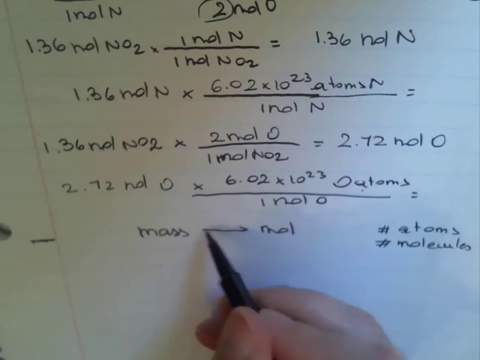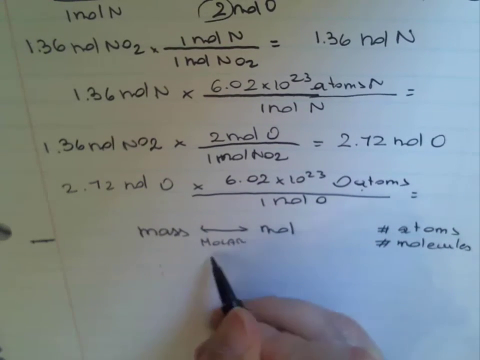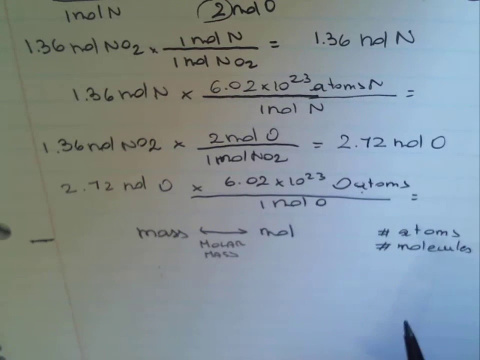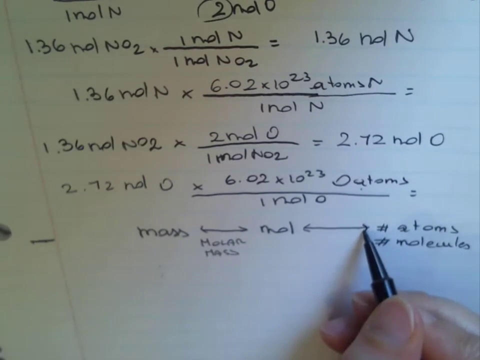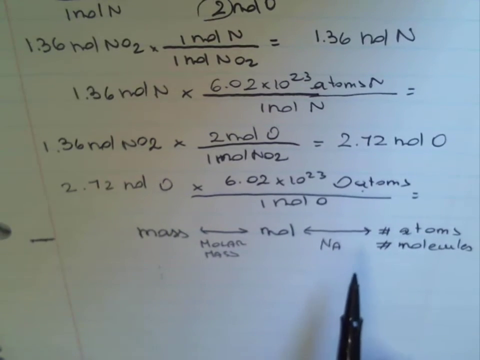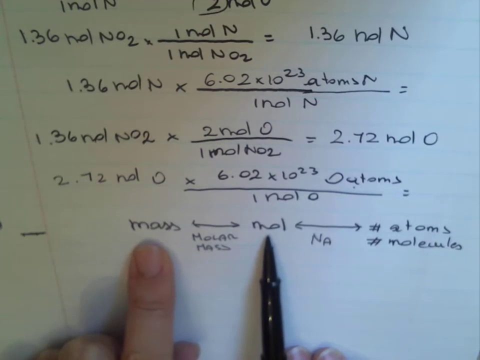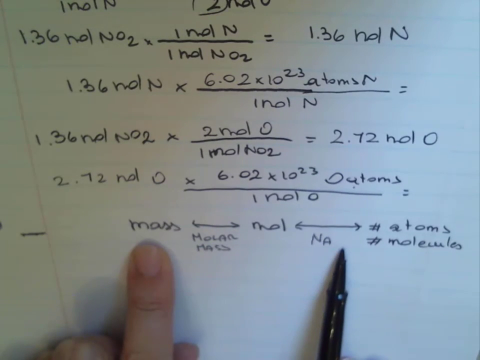To go between mass and moles, we need the molar mass of the atom or the molecule. Between moles and number of particles, we need NA, which stands for Avogadro's number. Notice that if you just convert between masses and moles, you will not use Avogadro's number.